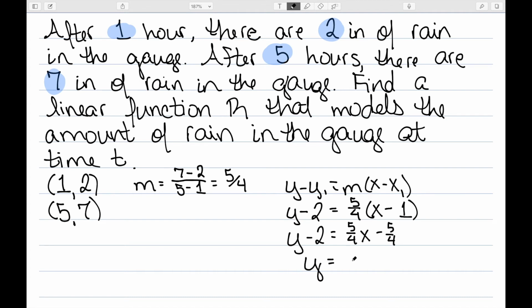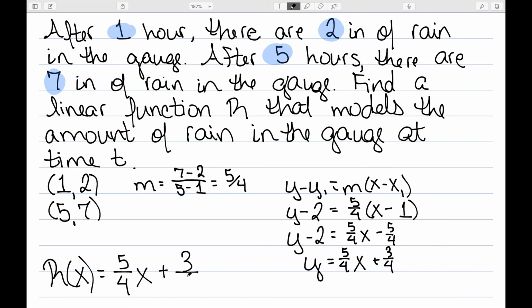Then we can add 2 to both sides. 2 minus 5 over 4 is 3 over 4. So I have 5 over 4 x plus 3 over 4. So my actual function is just changing y to this new function notation, r of x equals 5/4 x plus 3/4.